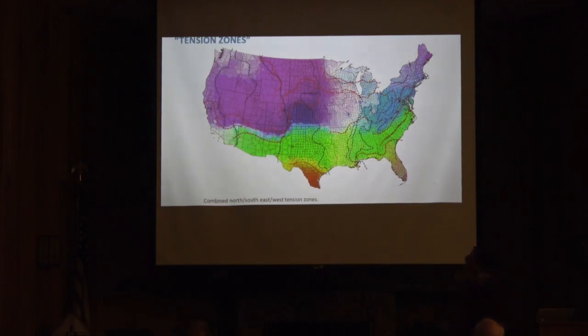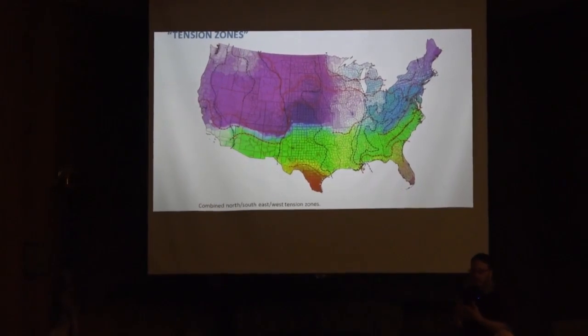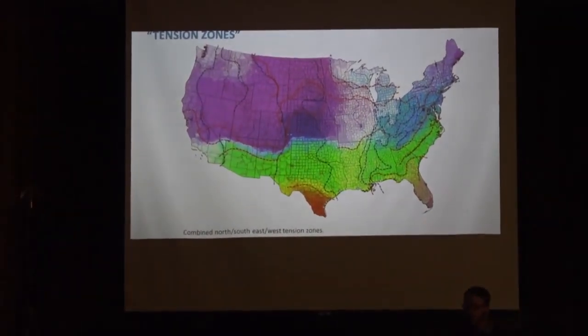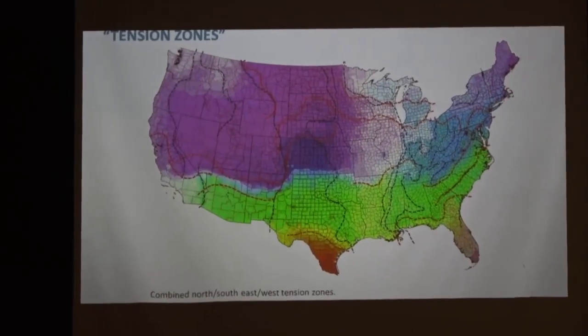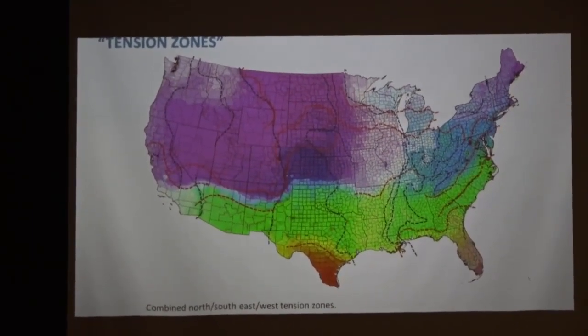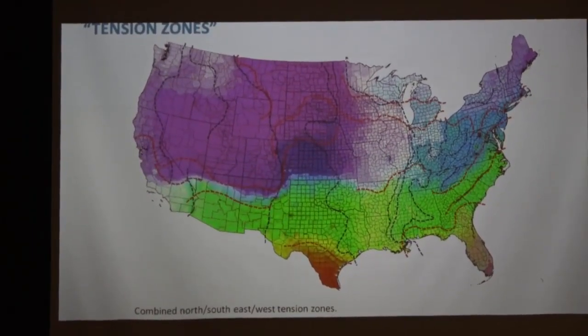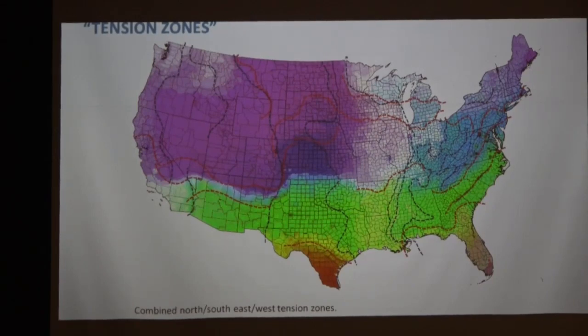And we can represent this by drawing lines on the map where the edge of a lot of species' ranges happen. So you can imagine that these species are marching out across the landscape, and they'll reach a point where they can't go any further north or any further east or west because the climate's not right for them. And for a number of these species, that point is the same.